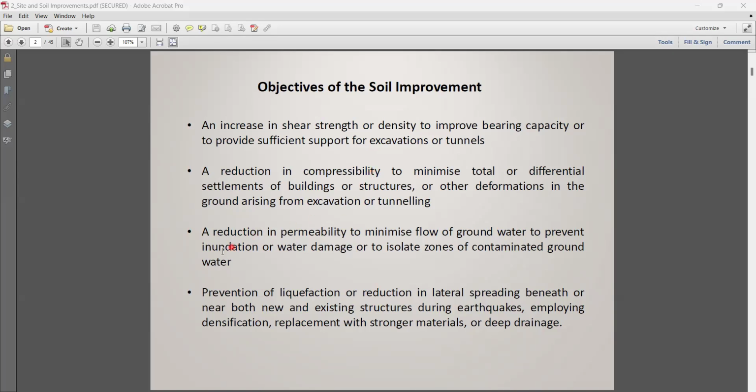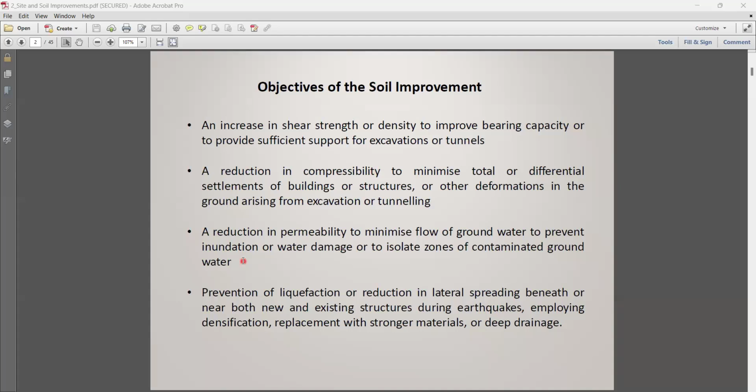Another objective is reduction of permeability to minimize flow of groundwater, to prevent inundation. Inundation means groundwater filling up, so we have to evacuate, or water damage. Imagine under your house you have the foundation, but if you don't compact, it means what?